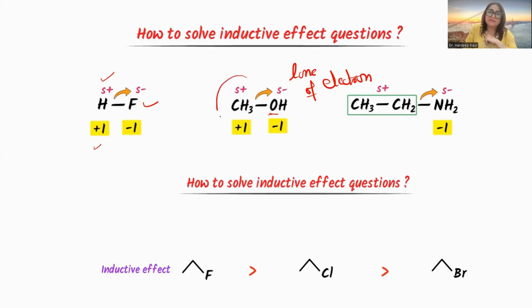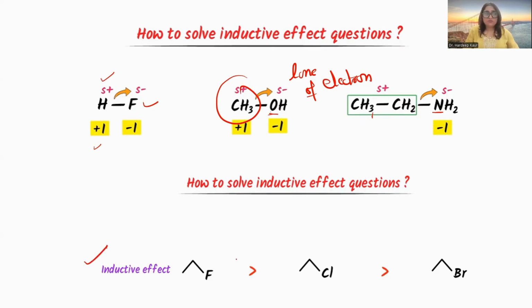But methyl group shows plus I effect. Here, obviously, the chain is an alkyl chain, so N is the electronegative atom rather than the carbon, more electronegative because of the smaller size. So we will say it is having minus I.